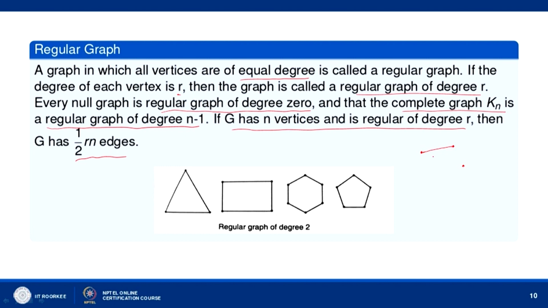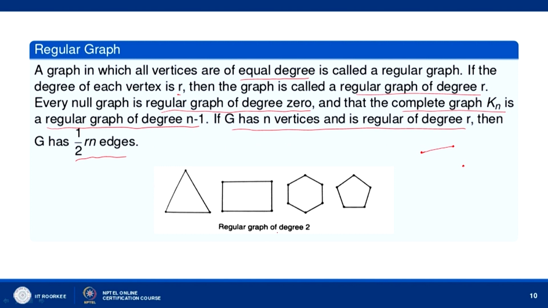So, when it is of degree r, this edge is counted towards degree r for this vertex as well as towards degree for this vertex, and therefore, total number of edges will be r n by 2.